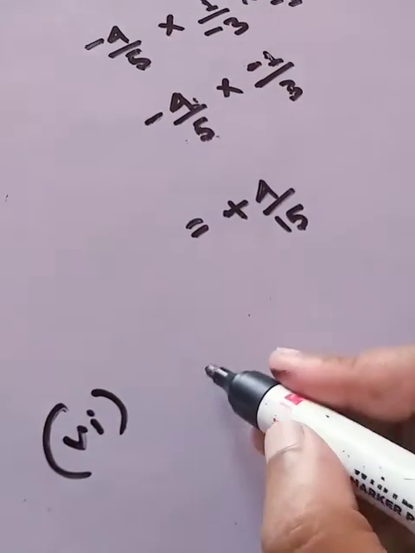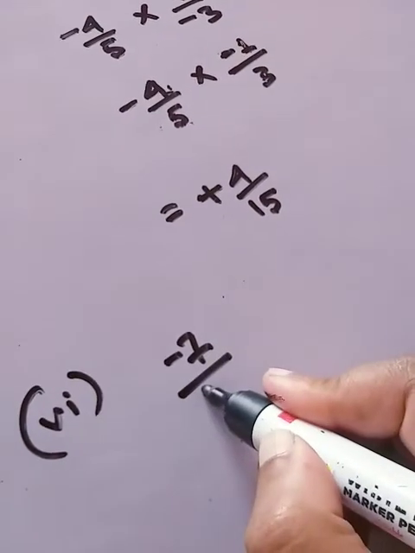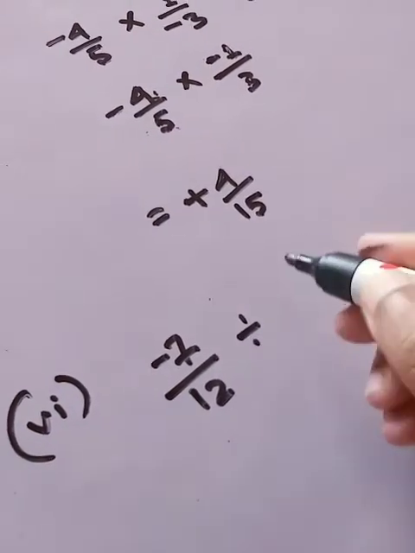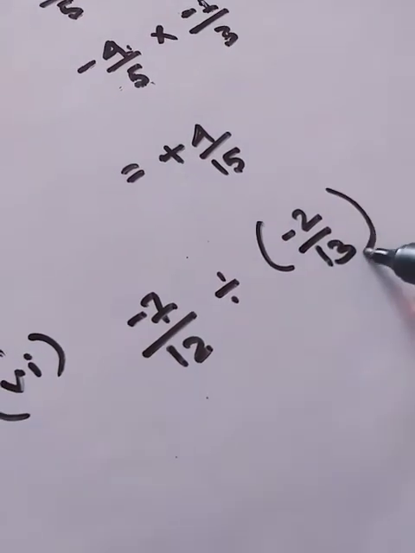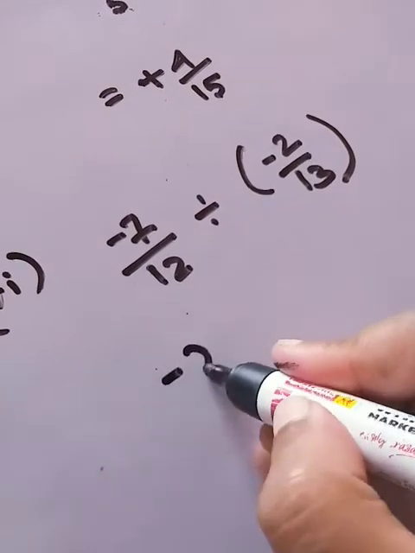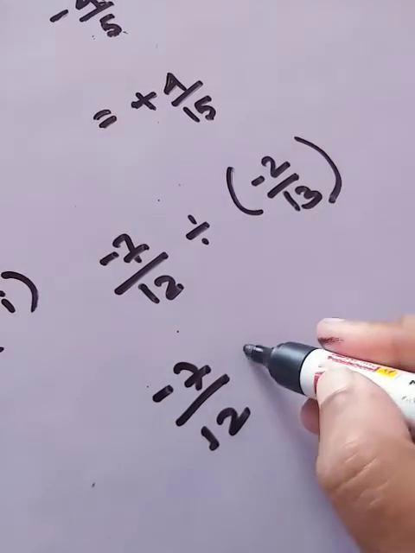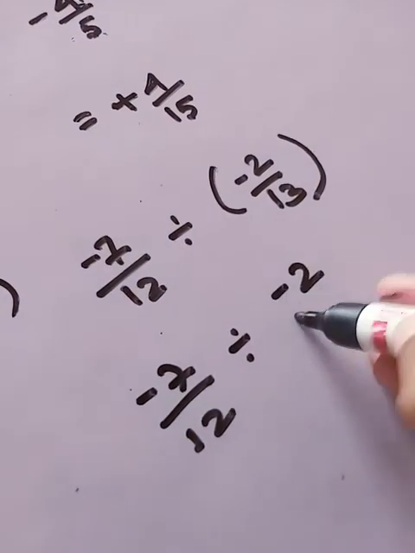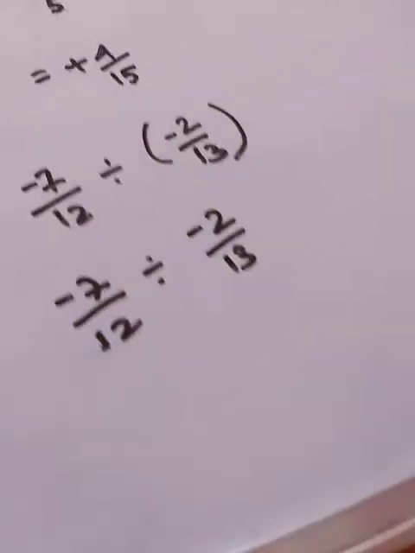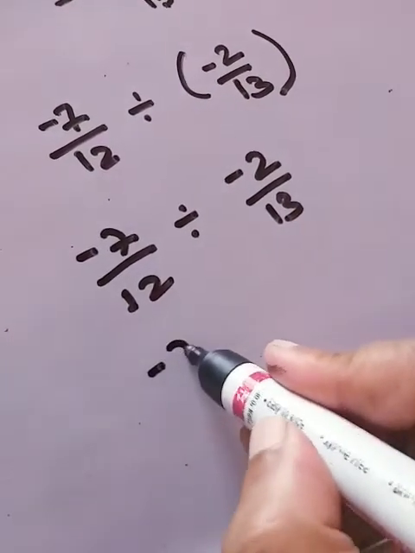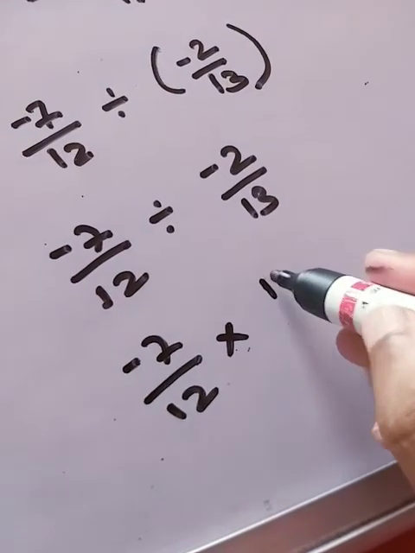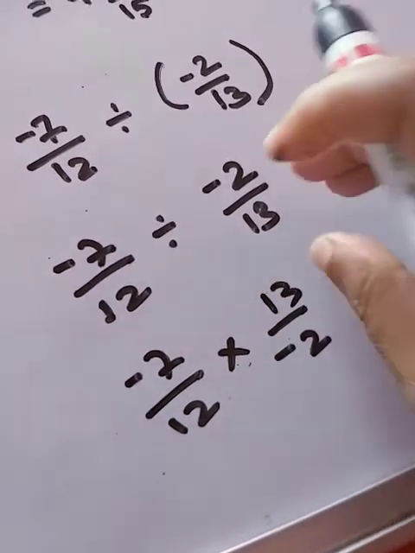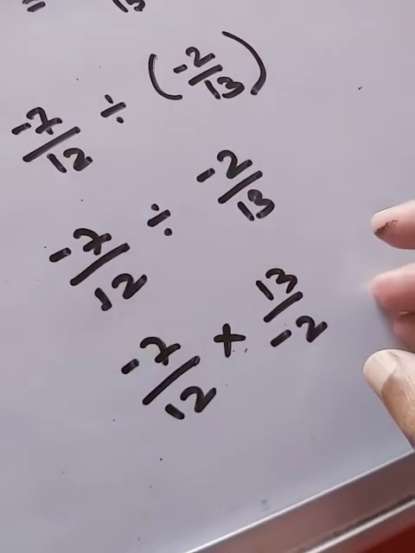Sum number 6, that is 7 upon 12 divided by minus 2 by 13. The first thing we'll do is remove the bracket. This minus 13. We have to replace the division sign with a multiplication sign, and when we do it, the right hand side rational number gets reciprocal.